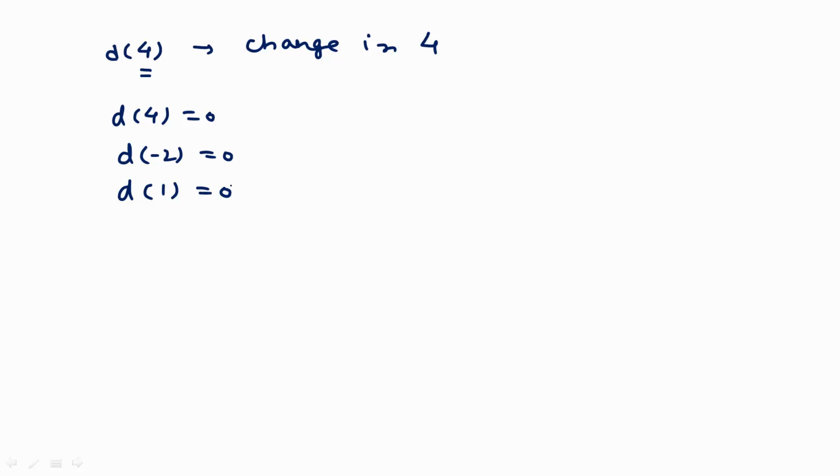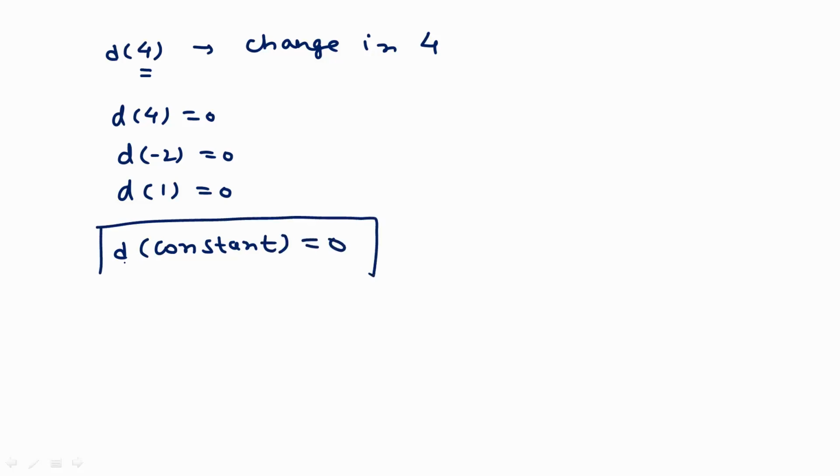So here is our first rule: d of constant is equal to 0. Remember this rule. Whenever we have a constant and d applied before it, it comes out to be 0.